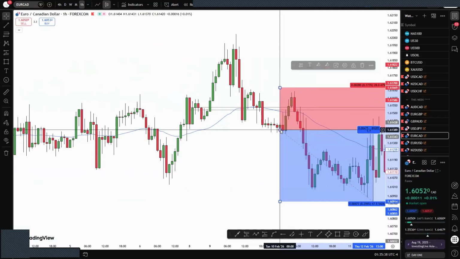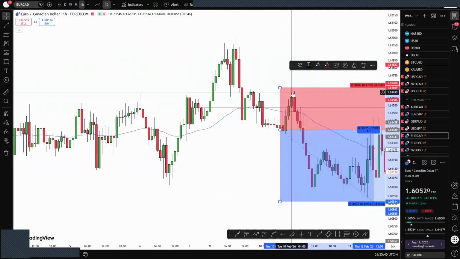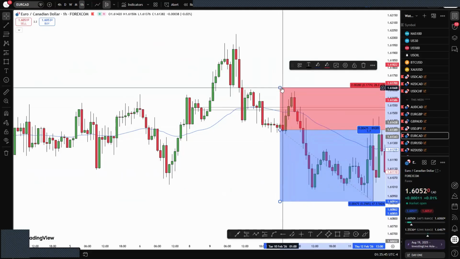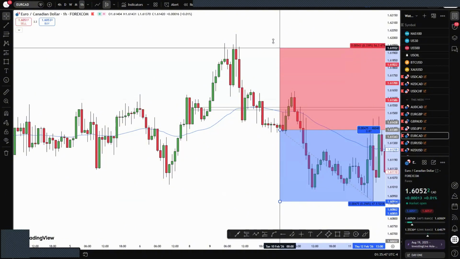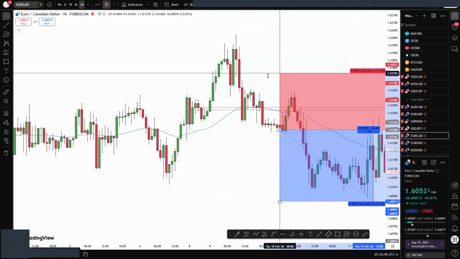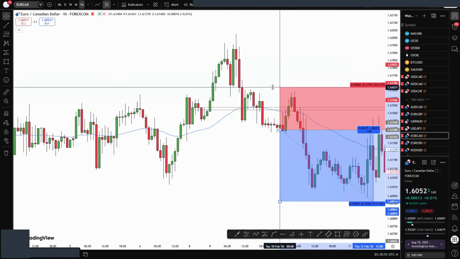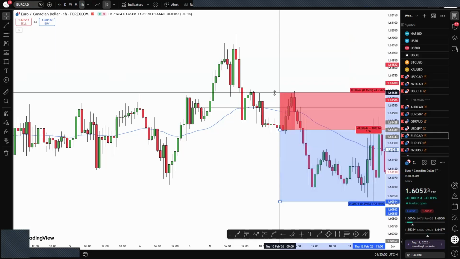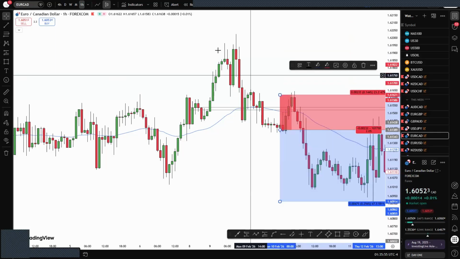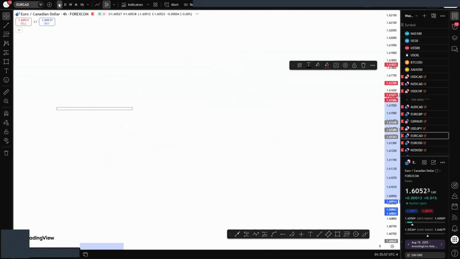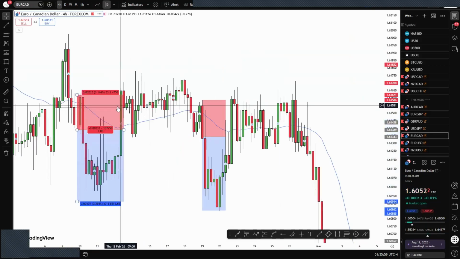So once price breaks above this zone, 1 hour becomes bullish. There is no need for me to hold my losses all the way up there, you see? So that's the reason why I usually do that.